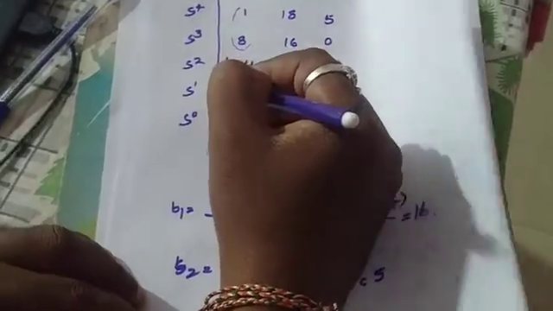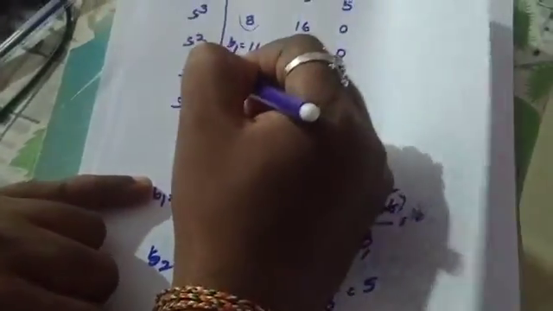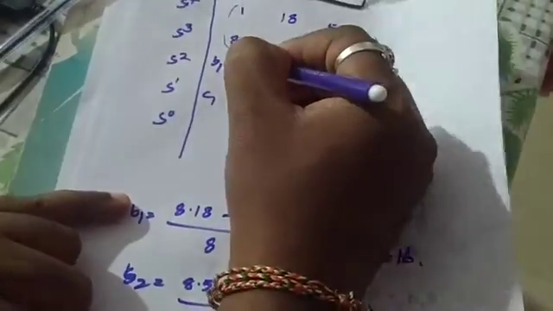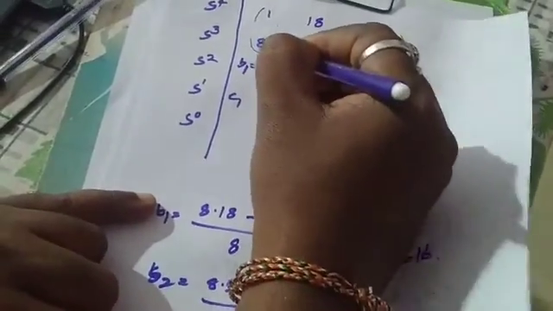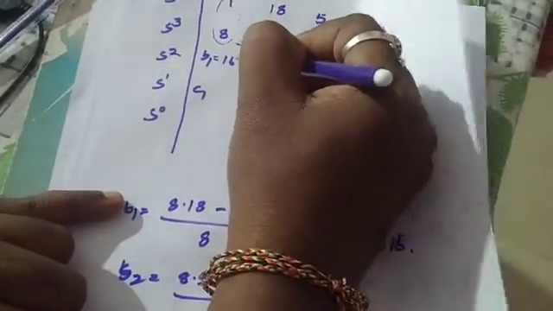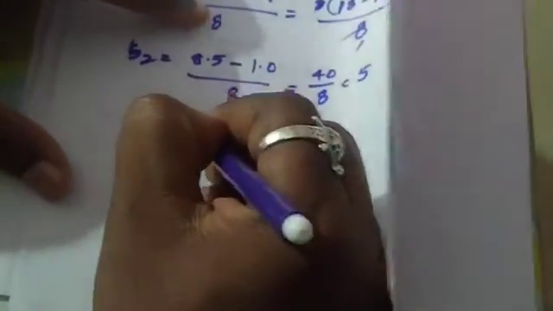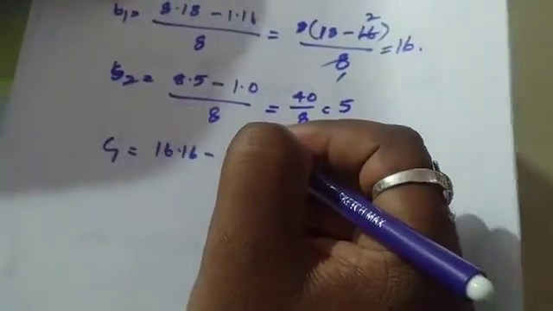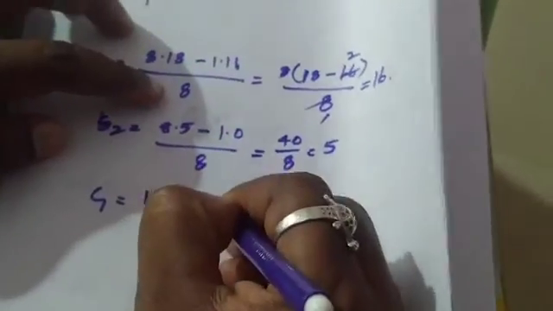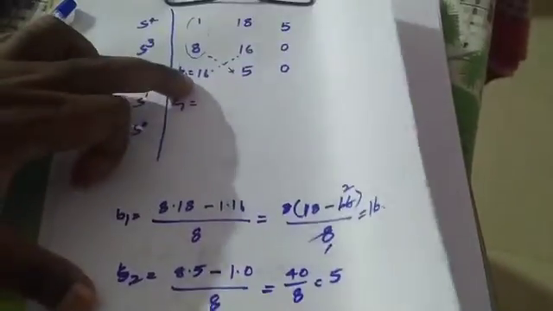So now the S1 row is C1. C1 is equal to this into this minus this into this. C1 is equal to 16 into 16 minus 8 into 5, divided by 16.